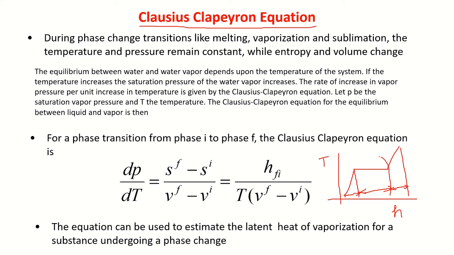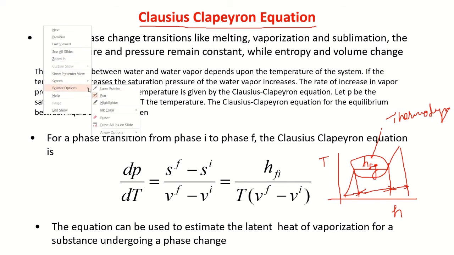I told you that you can always note down the values of latent heat of vaporization from thermodynamic tables. So can we predict or estimate this value? Can we find out hfg? It is possible to do so with the Clausius-Clapeyron relationship.